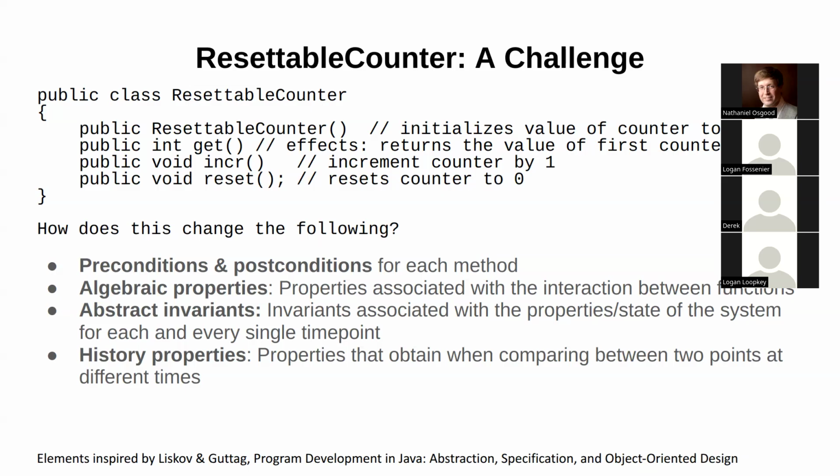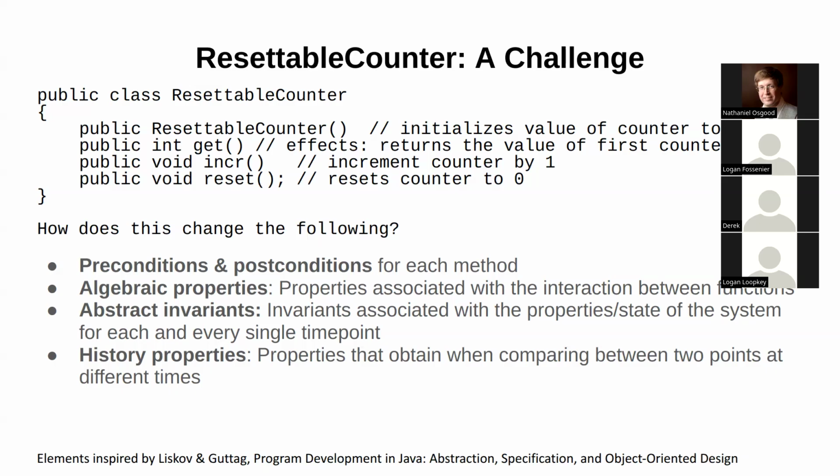I'm more thinking of an algebraic property, so we'll come to that. But if you call get once and then you call it twice, you get the same value as if you called it once, right? Doesn't change anything, right? Good. So this reset has added to the texture.